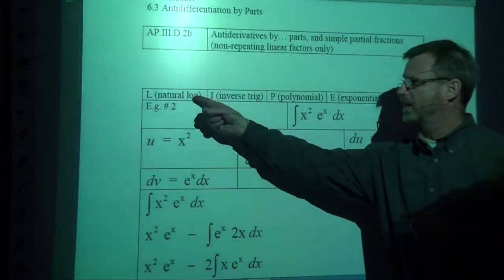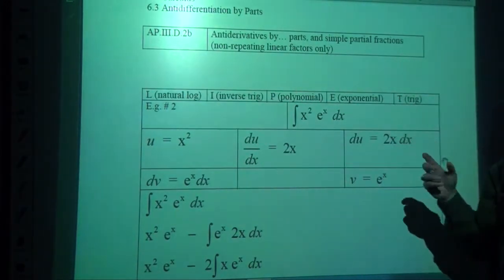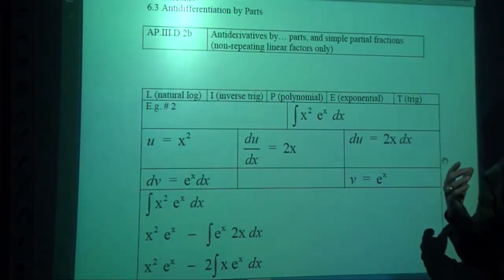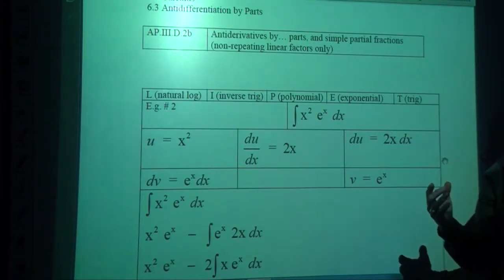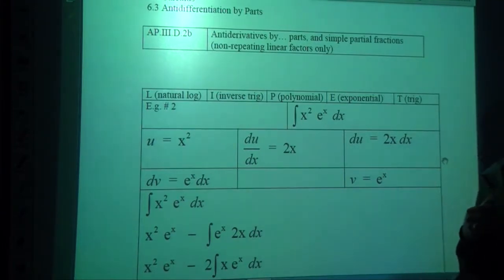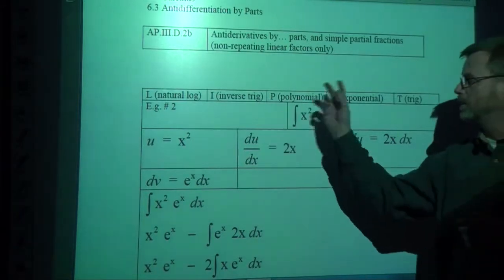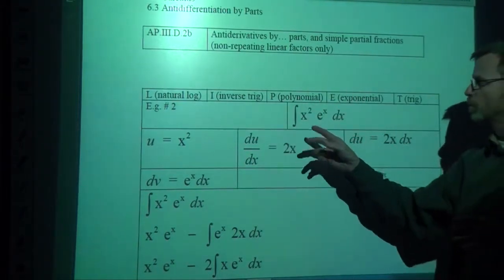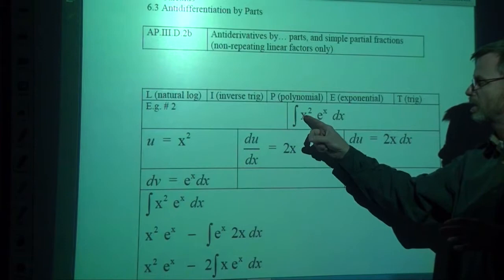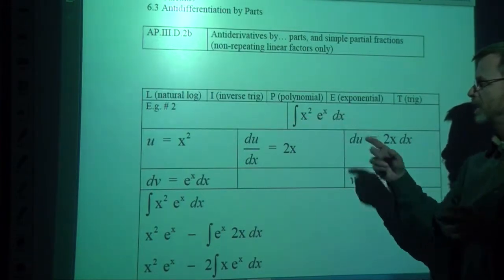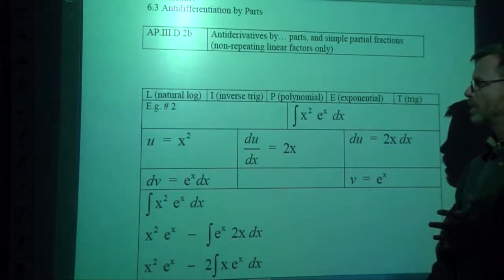In the textbook, they give you this mnemonic when you're trying to decide which of the factors you're going to assign to mu and which one you're going to assign to dv. So they're telling you in this order. In example 2, we're trying to integrate the product of x squared e to the x dx.